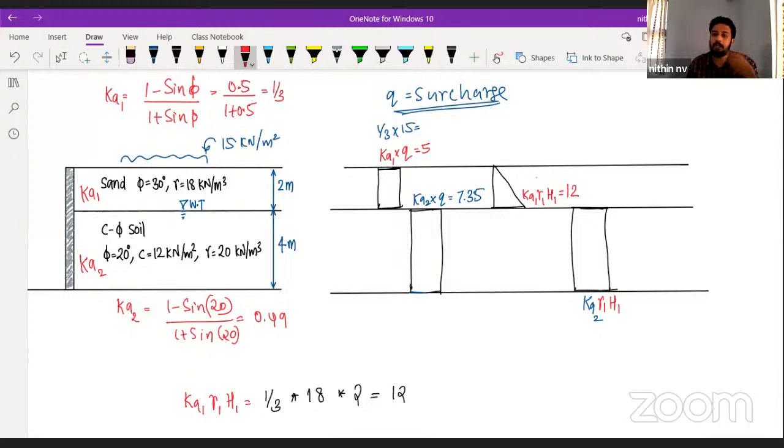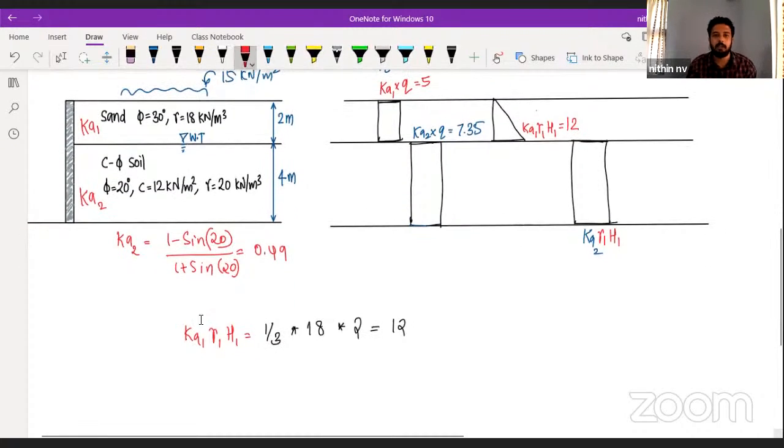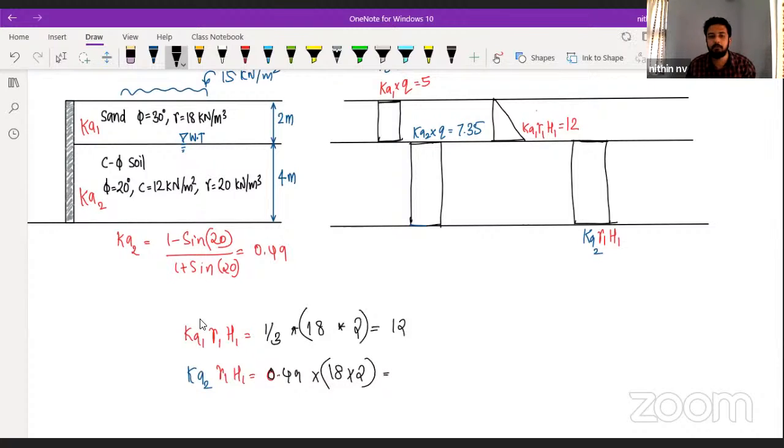Gamma 1 into H1 into K2 of the second layer. So calculate and tell me how much it will be. Ka2 into gamma 1 H1, so 0.49 into the same value. As of now, we have not taken anything of the second layer except the Ka value. Please calculate and tell me how much it will be. 17.64. Thank you.